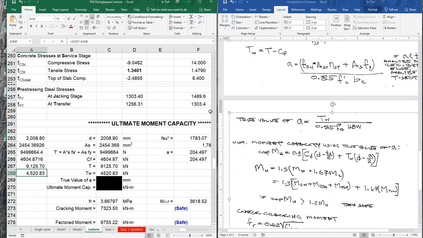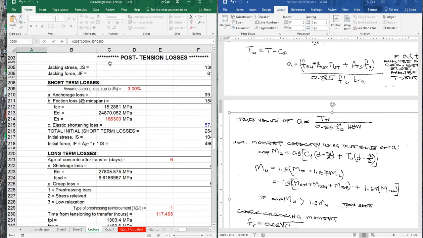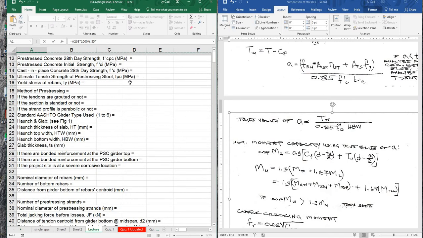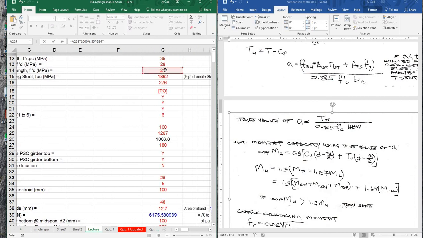Okay, so let's continue. We now compute for the true value of A. And that is equal to TW. So, i-click ko lang yan. Multiplied by 1,000. Divided by the quantity 0.85 times F prime C tsaka HBW.